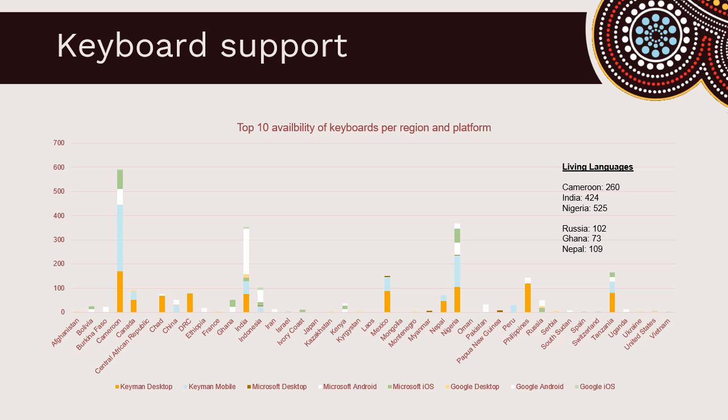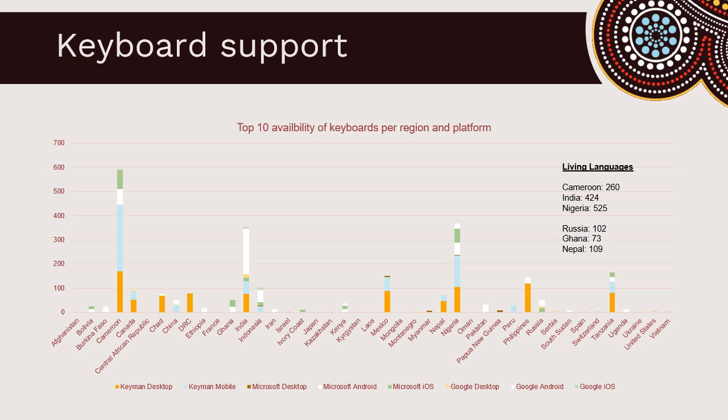As an example, Keyman desktop has 170 languages in Cameroon, but there are 260 living languages.